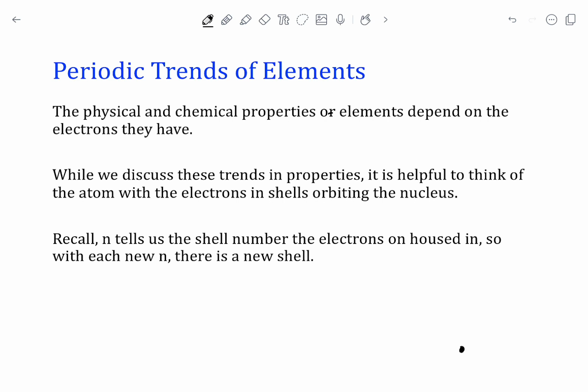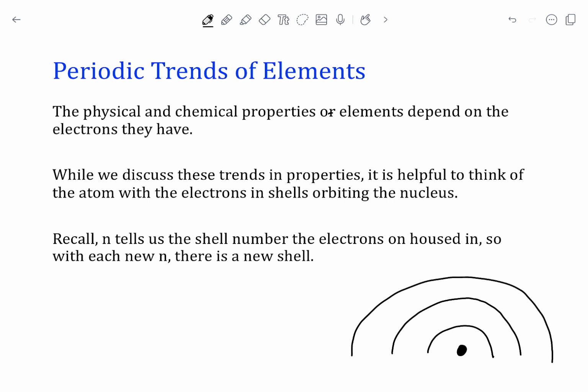So we've shown this many times where we have our nucleus here in the middle, and then we have these shells that go around it. It's going to be very useful to think of the electrons this way. So remember, our electrons are just our little dots all throughout those shells.